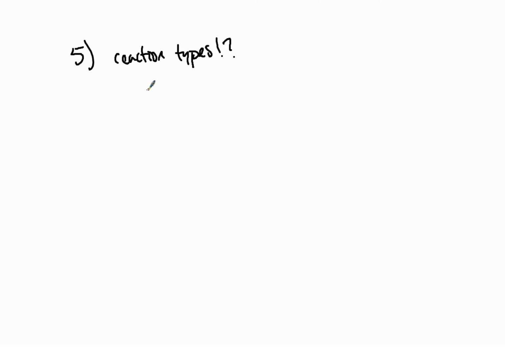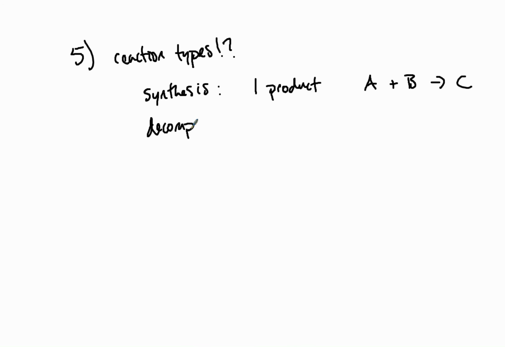So synthesis. Those reactions always have one product. So that means you would have A, B, and they make C. C is a product. There's only one product. That's a synthesis reaction. Whereas decomp always has one reactant.